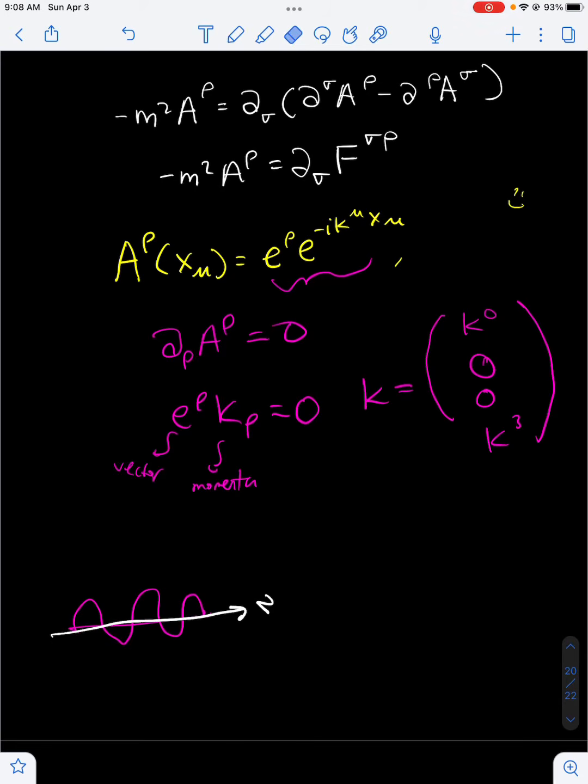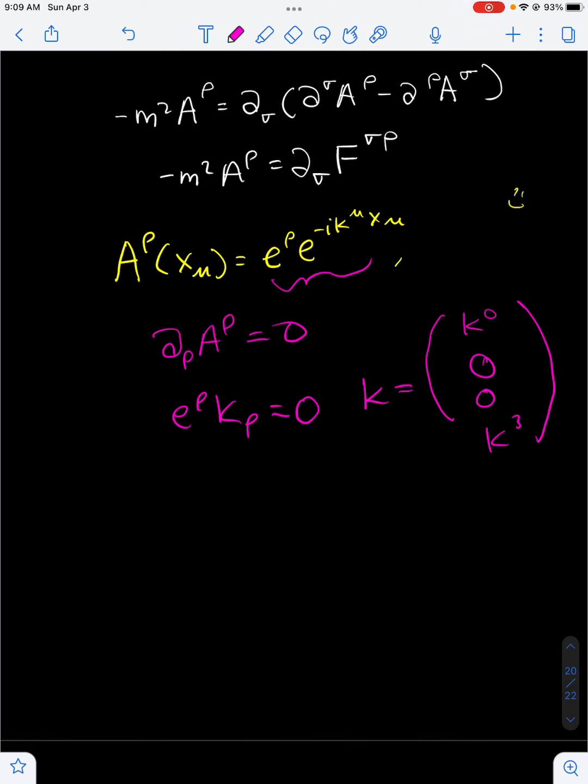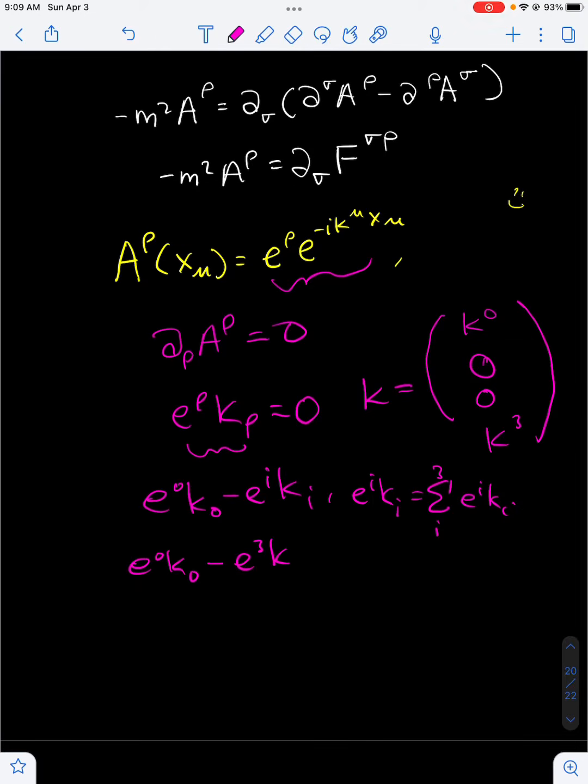So if we only have some wave moving in the z direction, we can just expand this out. That's just E naught K naught minus EI KI, where EI KI is just some summation. And if we only consider a wave moving purely in the z direction, this just reduces down to E naught K naught minus E3 K3 equals 0.